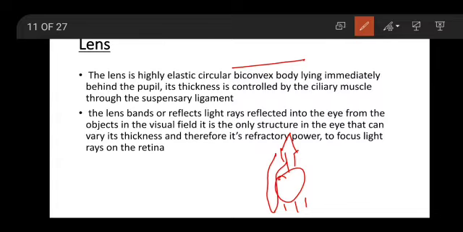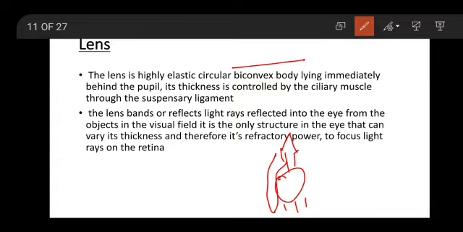Its size can be increased or decreased; the lens can be thick or thin, depending on the object distance. If the distance is less than 6 meters, the lens bulges out and becomes thick. If the object is more than 6 meters away, then our lens will be thin. The suspensory ligament will stretch our lens.